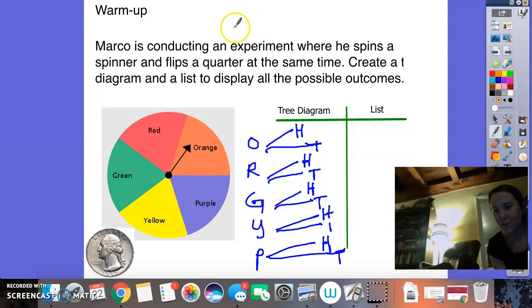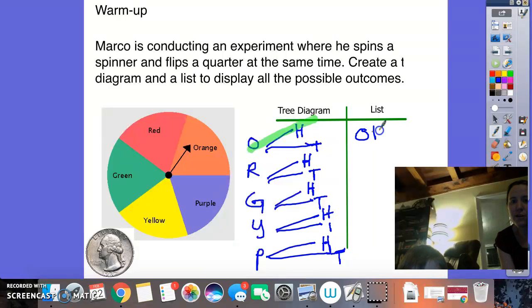All right, so here's our tree diagram, and it shows all of our outcomes with the wheel and all of our outcomes with the coin. And if I were to make a list with that, if I just went straight down my tree diagram, I'm going to start out with this first combination of orange with flipping heads. My list is just all of the combinations I could make.